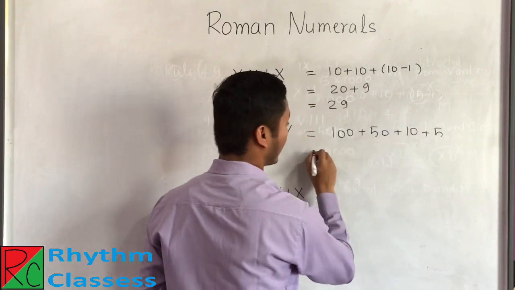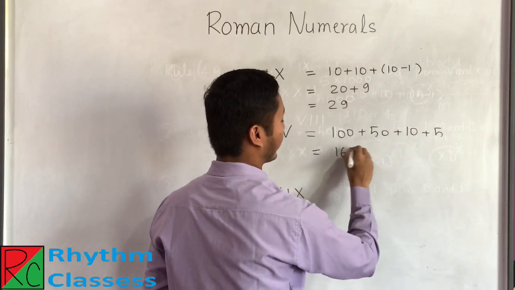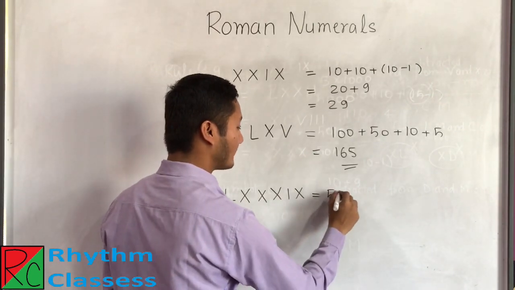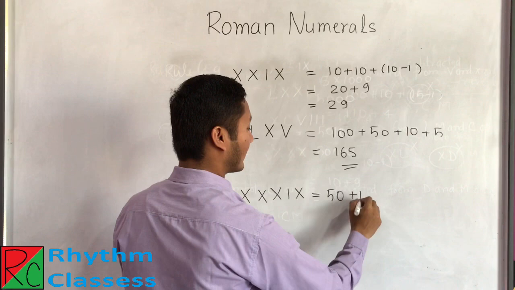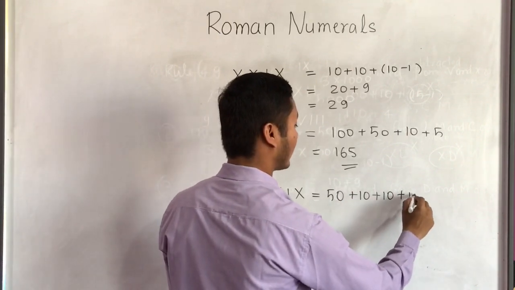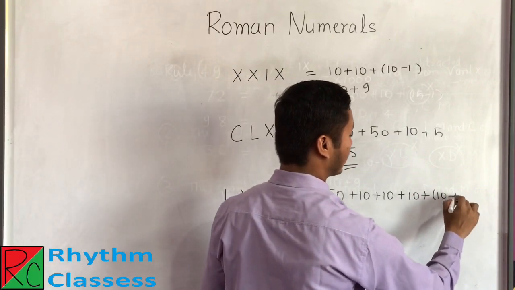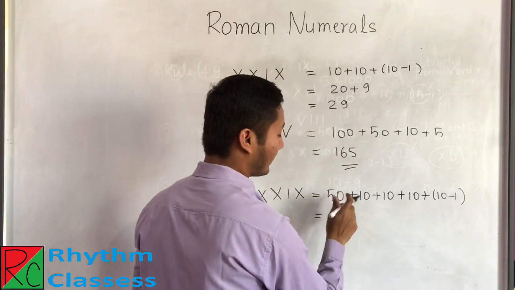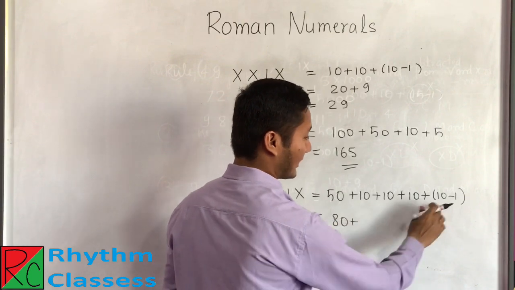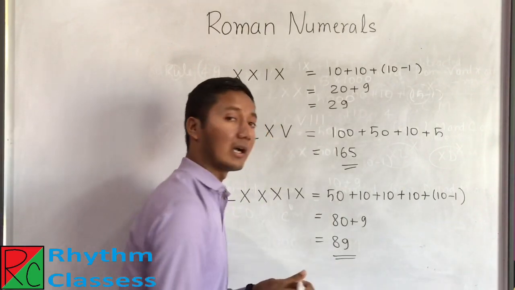It becomes 150, 160, 165. Now the third one is L stands for 50 plus X, that means 10 plus 10 plus 10, and plus IX, that is 10 minus 1. Finally it becomes 50, 60, 70 and 80. 80 plus 10 minus 1, 9. That means 89. This is our answer.